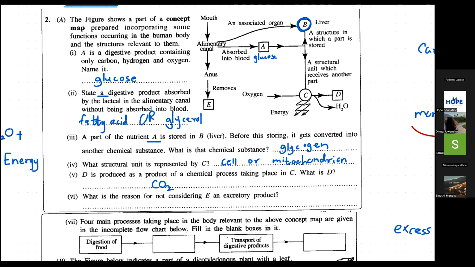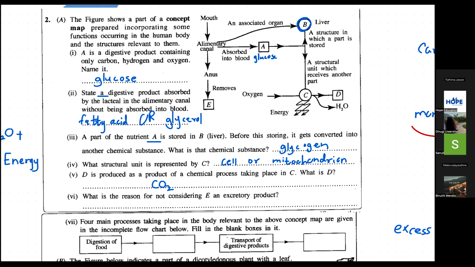Children, an excretory product is something produced as a waste in a metabolic reaction or metabolic activity. A metabolic activity is a chemical reaction. It is a biochemical reaction, that is, a chemical reaction happening in the body.